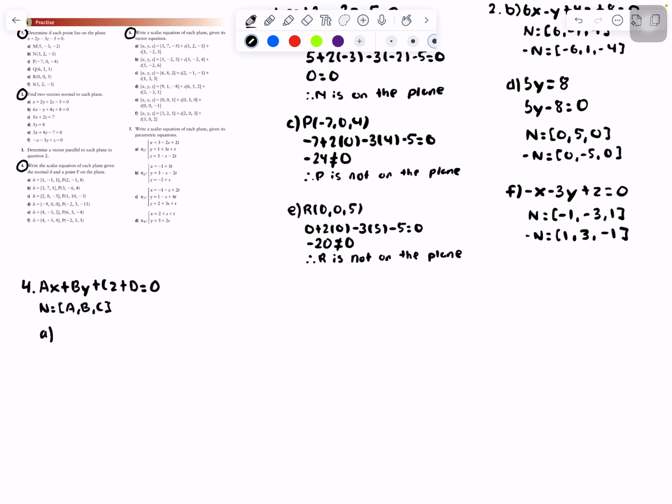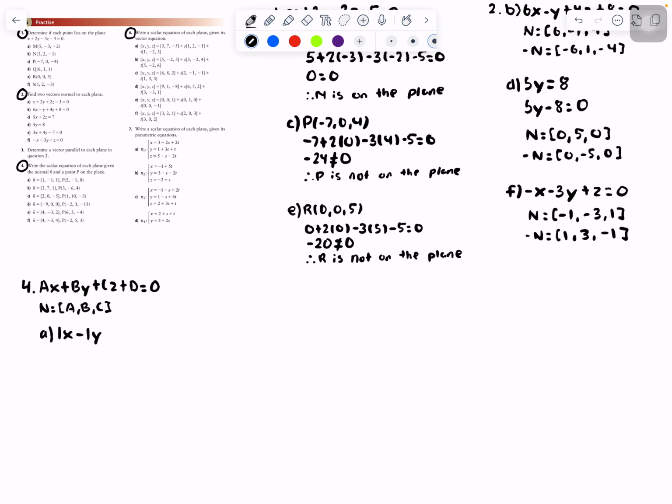So let's do a, d, and e. It's from random choice. So the first one, we're given the normal vector and the point. So this is how the scalar equation looks so far. It would be 1x minus 1y. I'm writing the ones, but I'm not going to be writing it down shortly after.